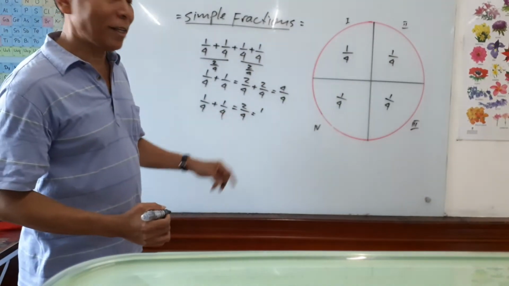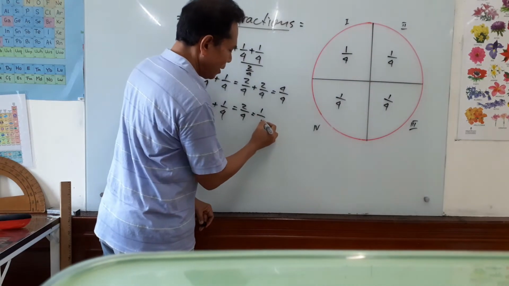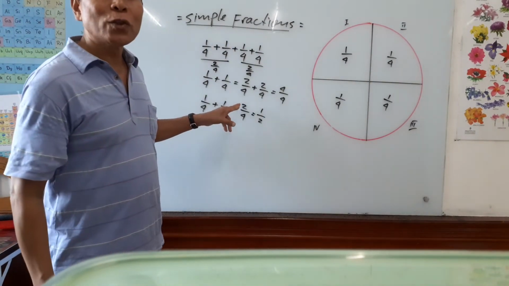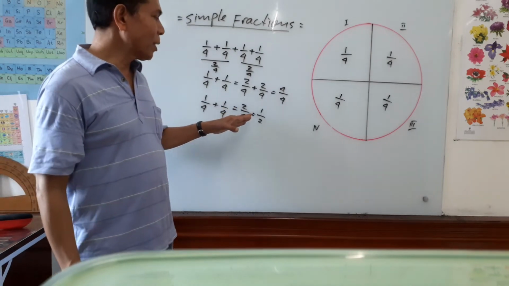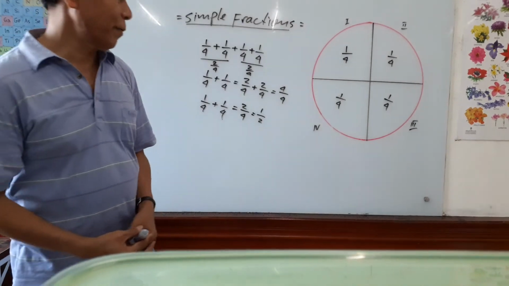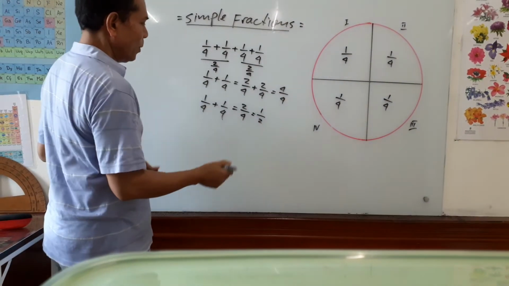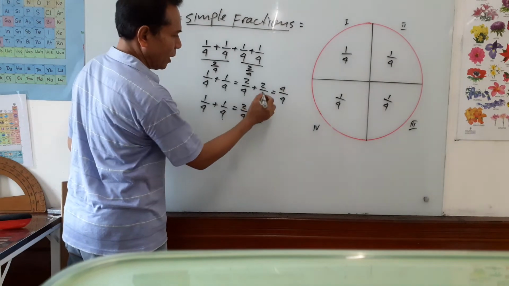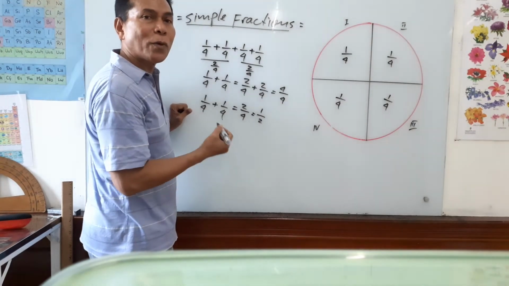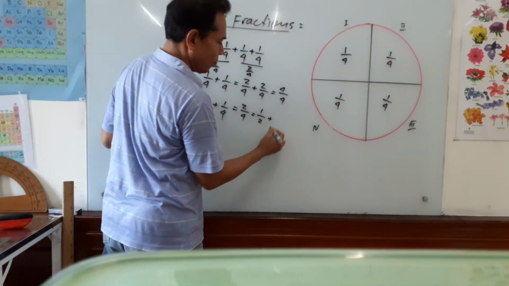We put 1 here. And 4 divided by 2 is 2. So we simplify, 2/4 becomes 1/2 or half. Now, this one also we simplify the same. 2/4 is half. Okay, 1/2. So we put here.